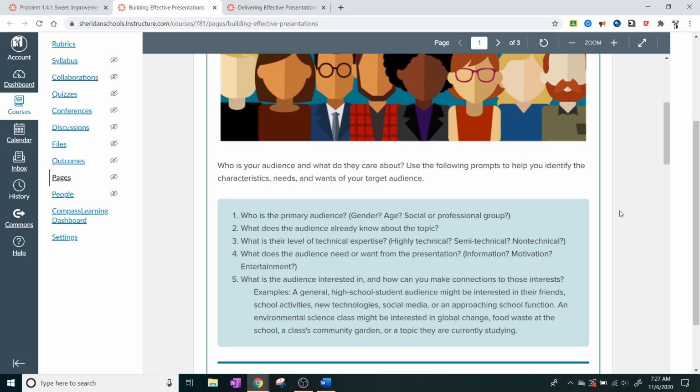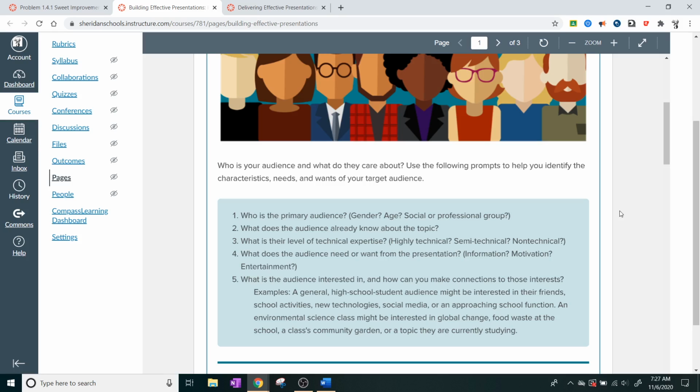I'll read it as slow as I can to get it out to 1 minute. But it needs to be roughly a 1 minute presentation. So I don't want y'all to freak out. If you really want to, you can record yourself and submit that, and that would be fantastic as well. But really, what I'm looking for is just a paragraph of it. And then, what is the audience interested in?